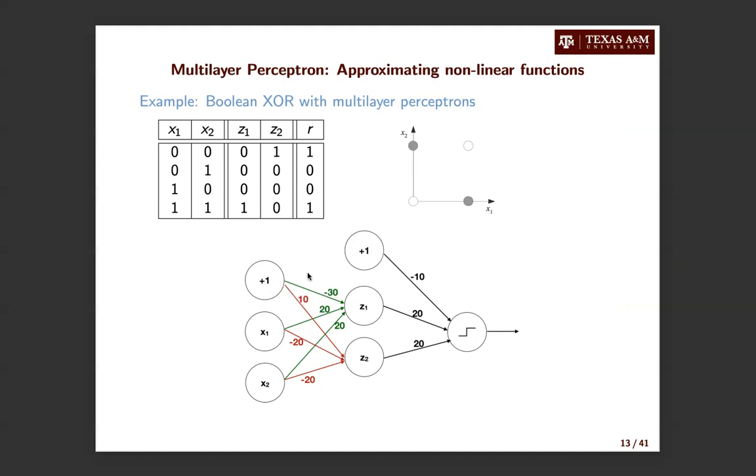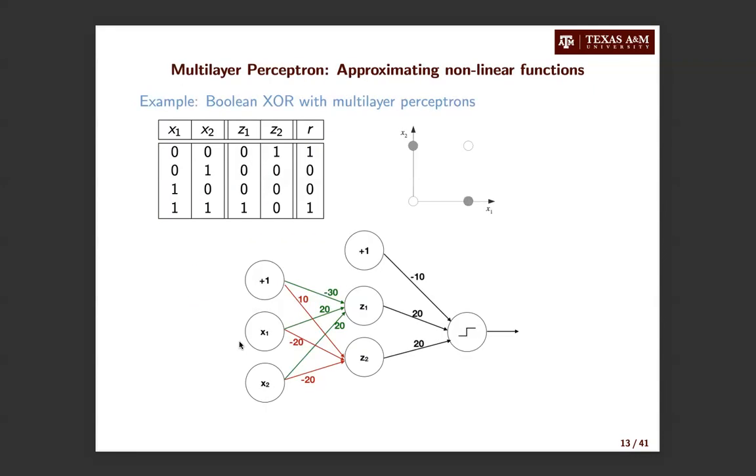And if we try a few weight combinations and assign some weights to these parameters of this combination of perceptron units, we will see that we can find some weights which can successfully classify these 4 non-linearly separable samples.